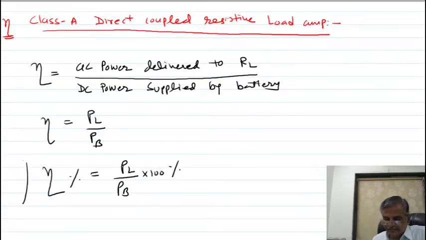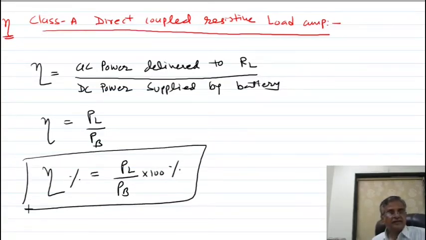So this is nothing but you can say the efficiency is given by AC power delivered to the load upon DC power supplied by the battery.